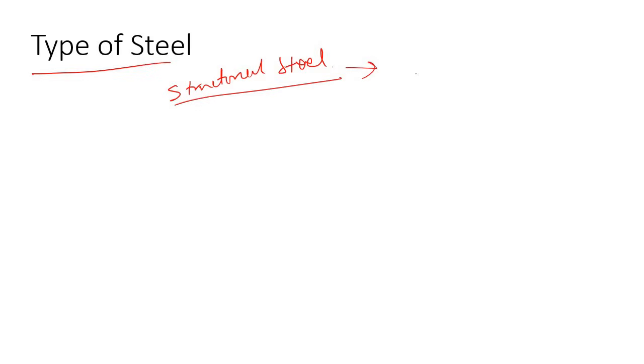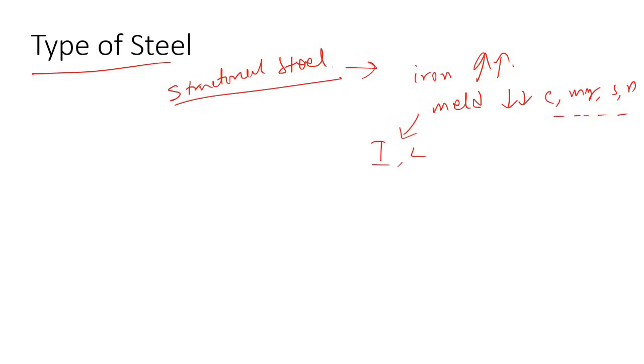Once you have iron, if you heat it up, what will happen? It will melt. Then you add some elements, maybe carbon, magnesium, sulfur, phosphorus, based on your requirement. Then you get your desired steel in a rolled shape. And what is a rolled section? Definitely in the next slide I will discuss. It may be some I section, it may be angle section, something else.